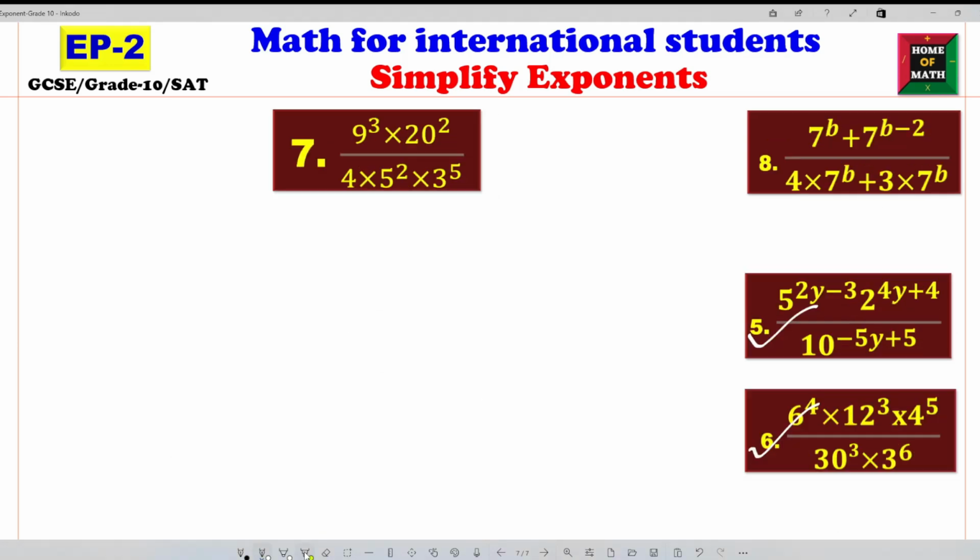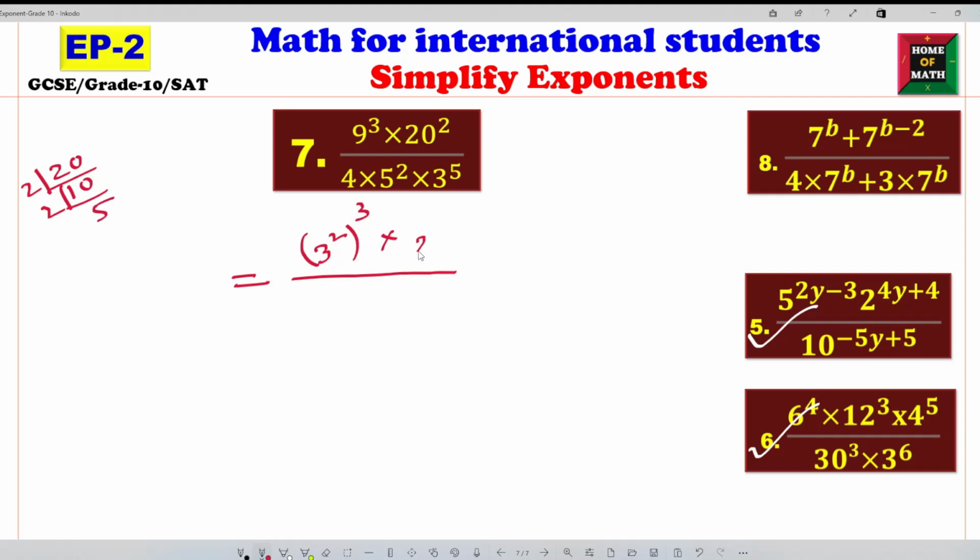Number 7. Here is 9 to the power 3 times 20 to the power 2 divided by 4 times 5 to the power 2 times 3 to the power 5. Look, this 9 we can write as 3 square to the power 3, right? Times this 20 we can write, here is 20 divided by 2, so 10 divided by 2, 5.